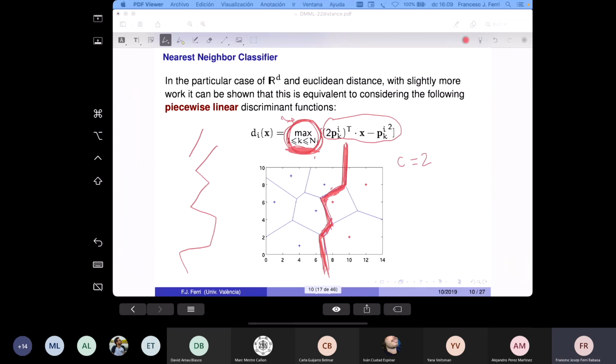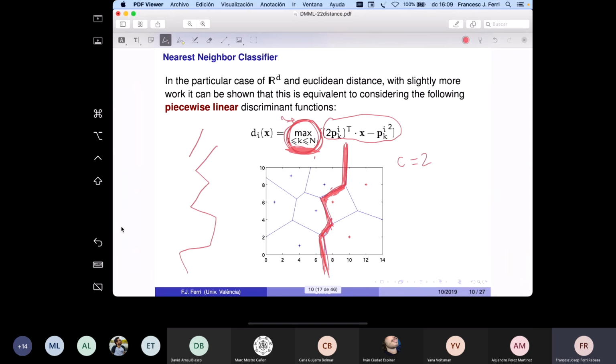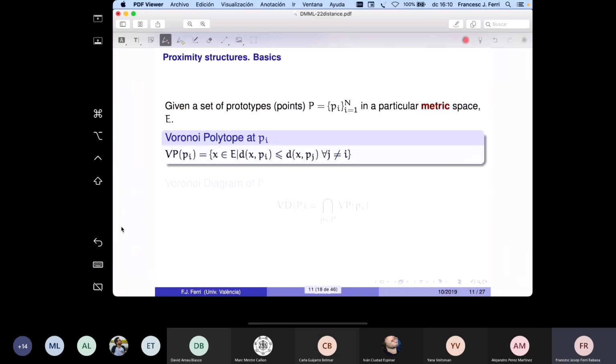Okay, now let me introduce some concepts that are important when we are talking about distances and minimum distances and nearest neighbors. It is what we call in general proximity structures.